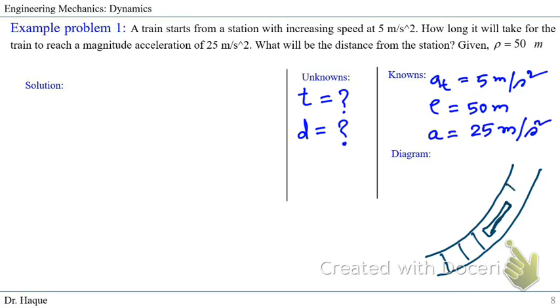The radius of curvature at this point is given, which is 50 meters. If the station was here, we can assume that point as our start point, and this is our position right now when the acceleration is 25.